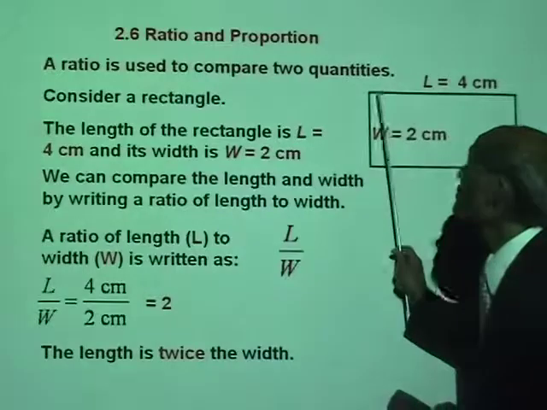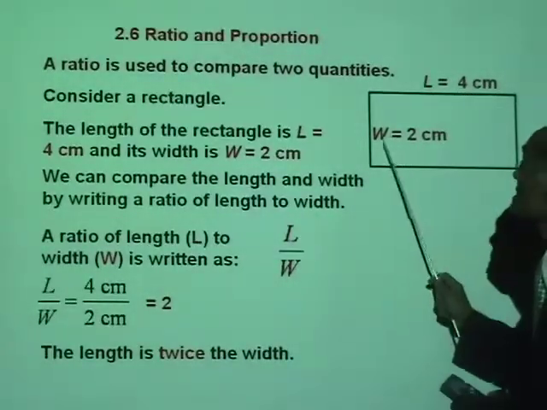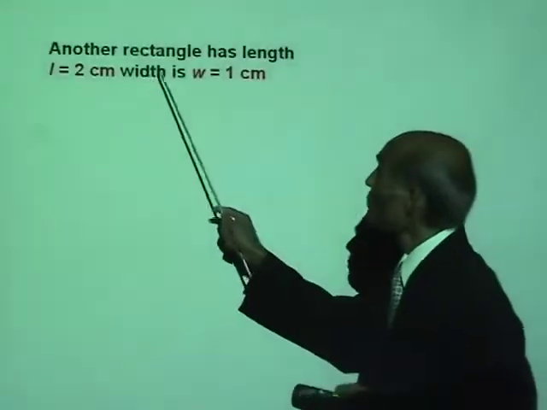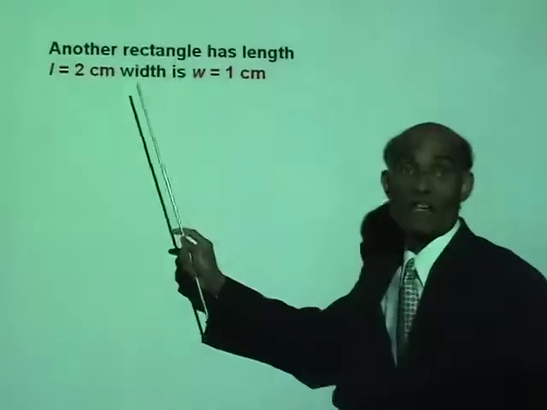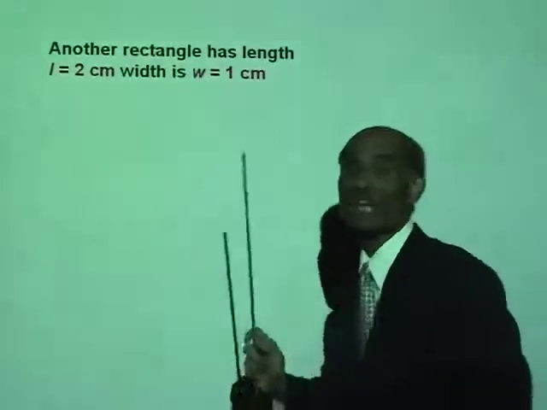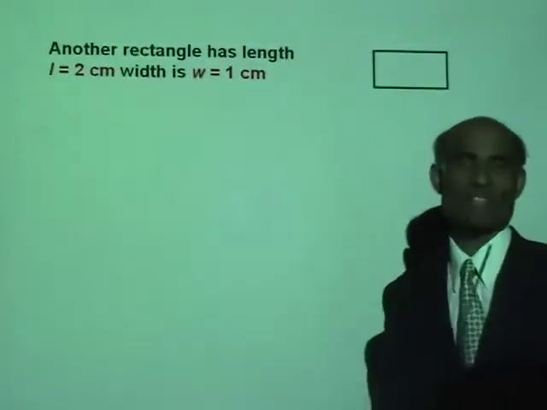Alright, in this case we looked at the rectangle where the length is 4 centimeter and the width is 2 centimeter. Now let's consider another rectangle where length is 2 centimeter and the width is 1 centimeter. Look at this, it's a smaller rectangle.